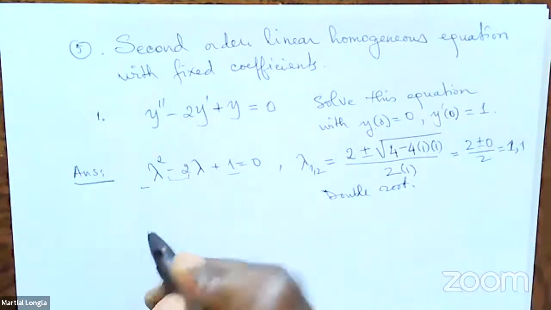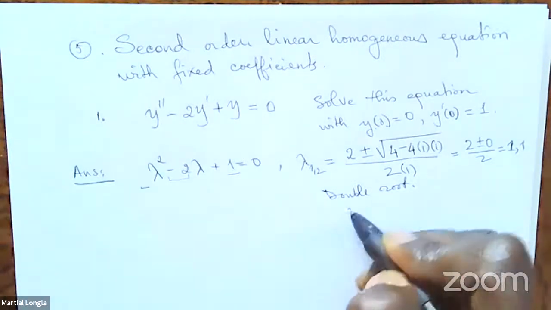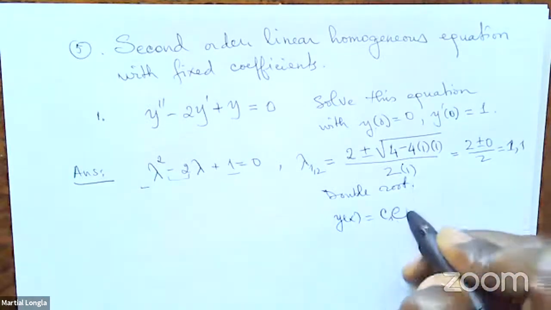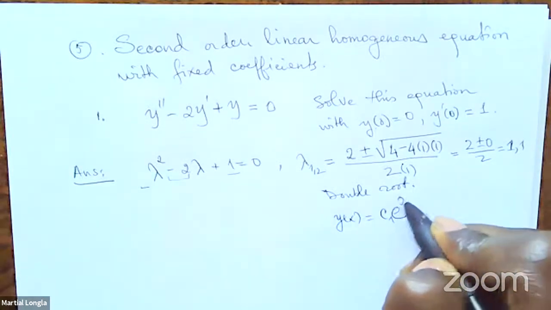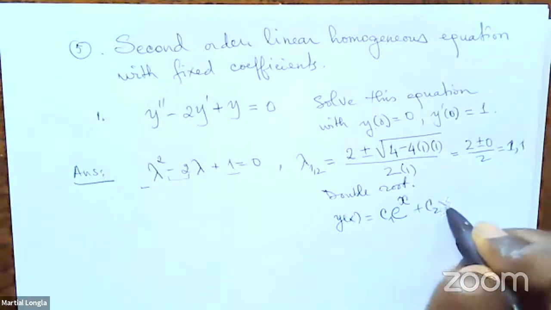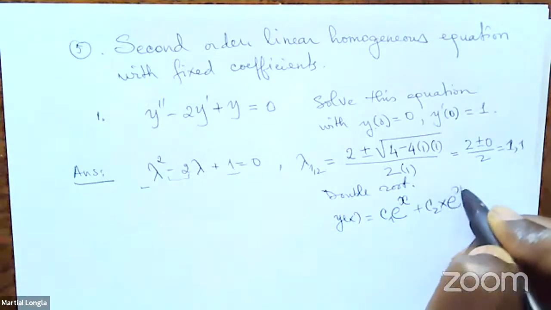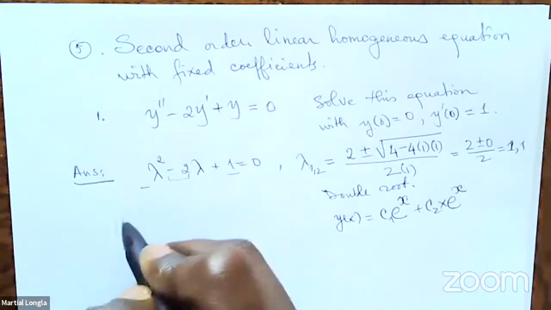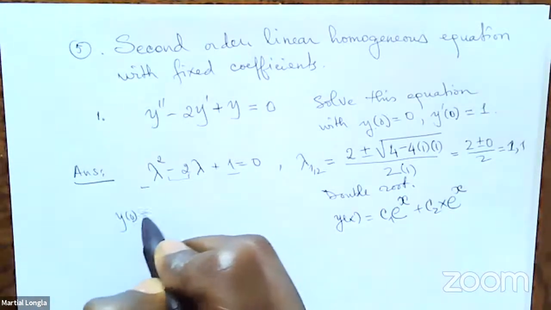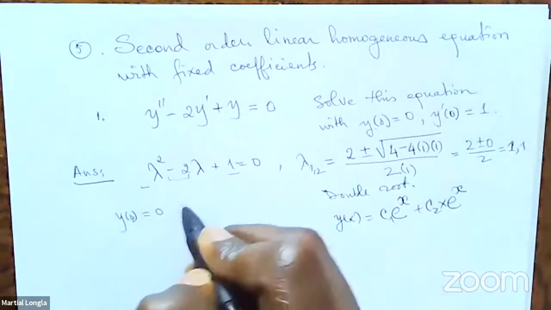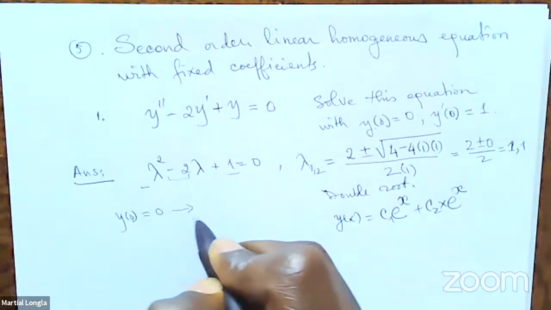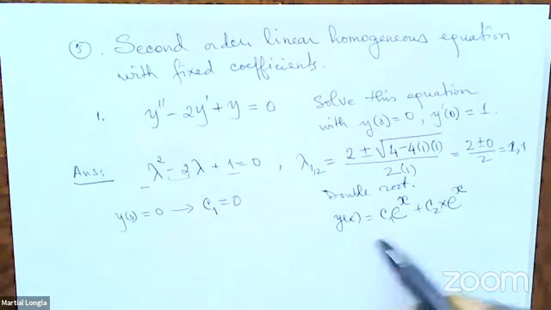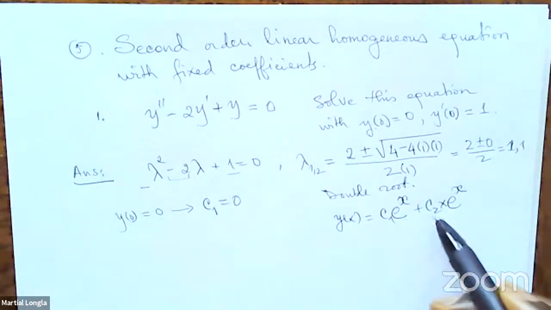And when we have a double root, y of x is c1 e to the lambda x, which is here 1, plus c2 x e to the lambda x, and lambda is 1. That's it. And then y of 0 is 0. That would mean c1 equals 0 when you plug in 0, because that's c1 plus 0.